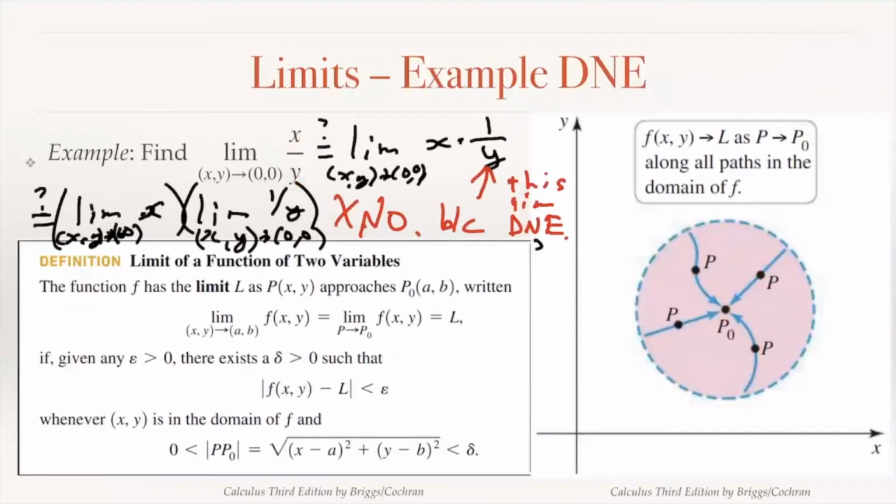And for example, if x is always 0, that would mean that we're approaching along the y-axis. So x is always 0, so we're approaching like this. Then it's always of the form 0 over y. And then it's always 0, no matter how small y is, but not equal to 0. Remember that limits are always around the point, not at the point. So depending upon the direction from which we approach, we will get different answers.